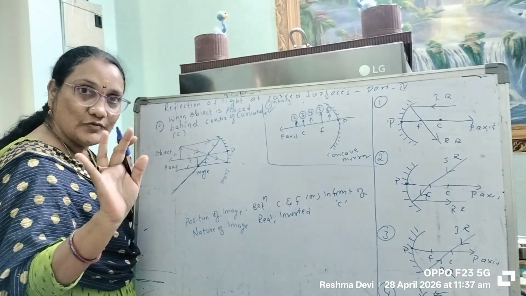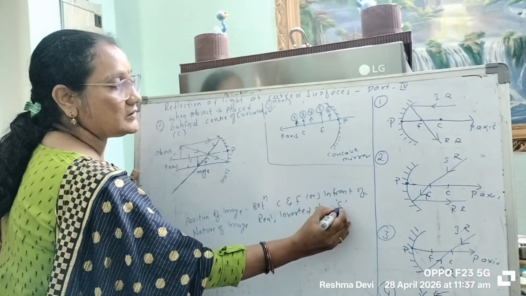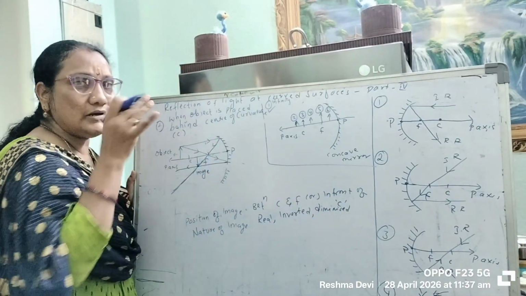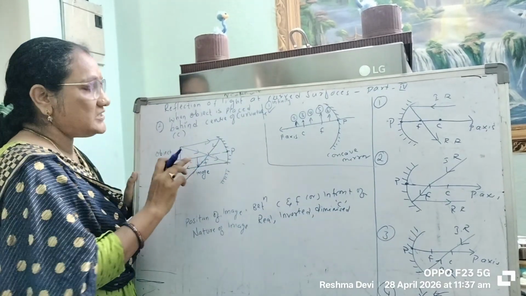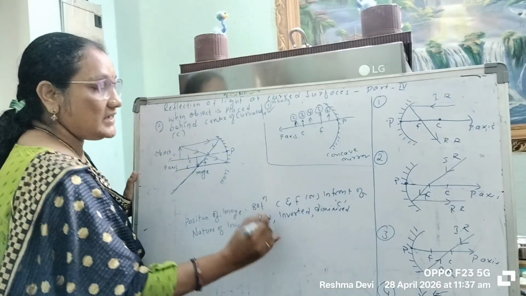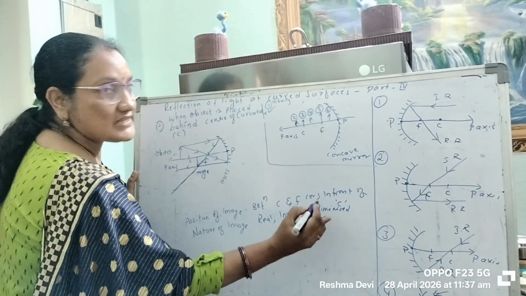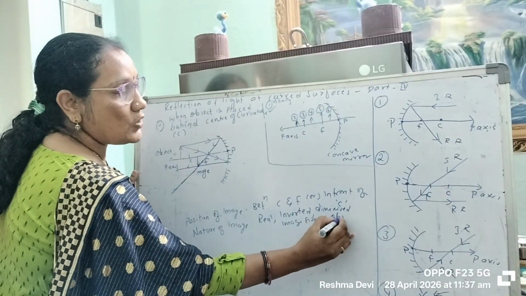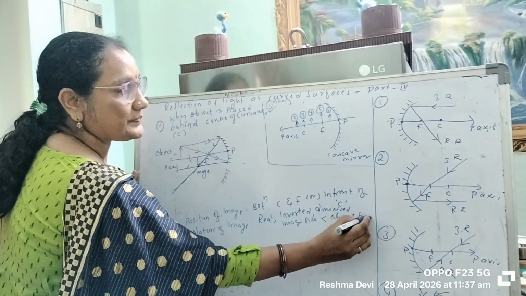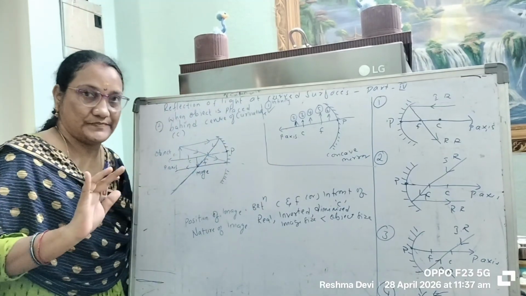Okay. Inverted. Diminished. Not nearly to the point size, but smaller than the object size. Okay. That is, image size is less than object size. Okay, diminished. This is the second position.